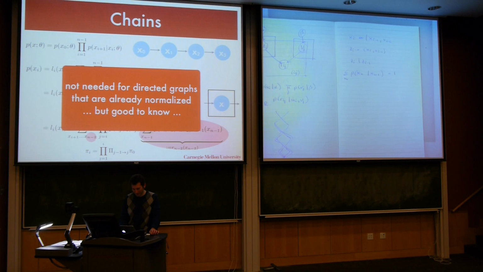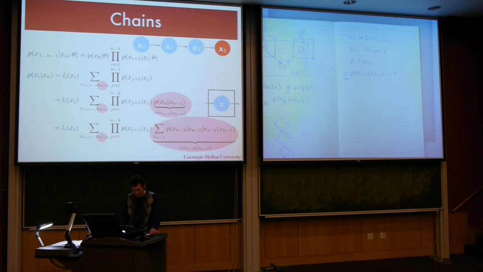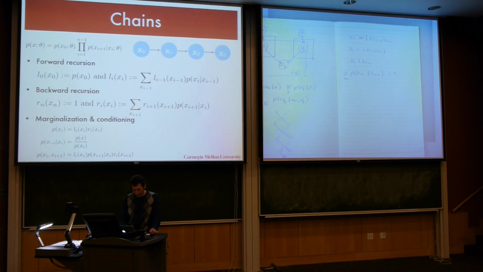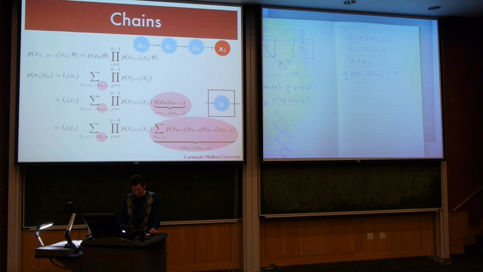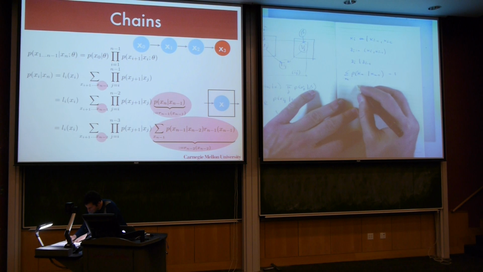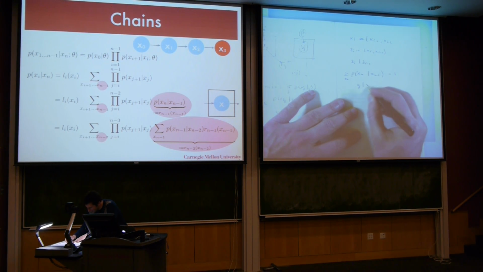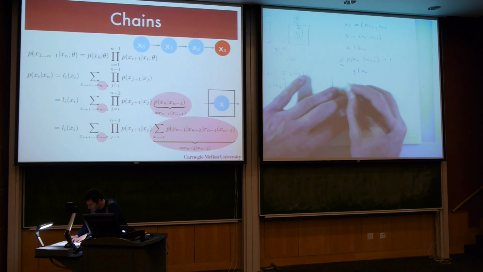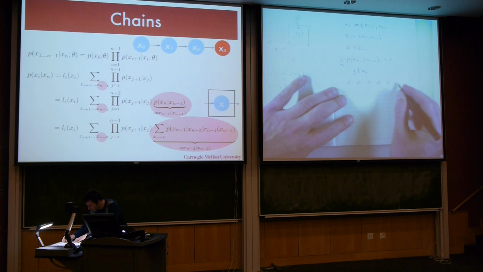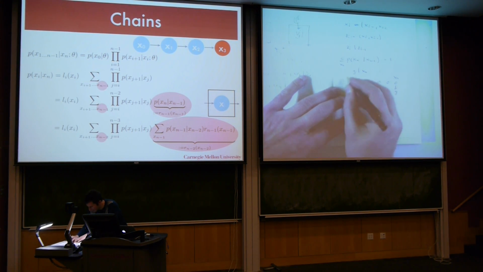So let me give you an example. Okay, so here we are. If you observe, let's say, some outcome of this last variable, so I observe y given xn, then all of a sudden I have this chain x1 up to xn.